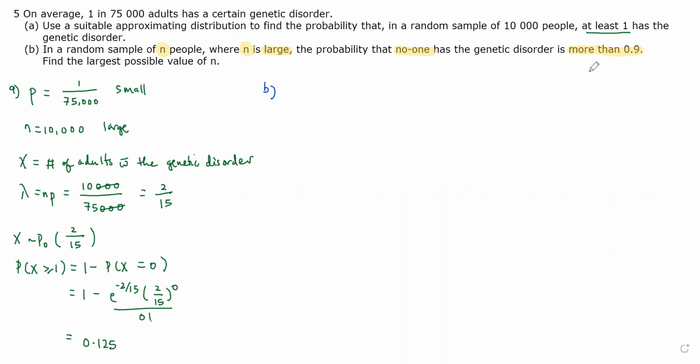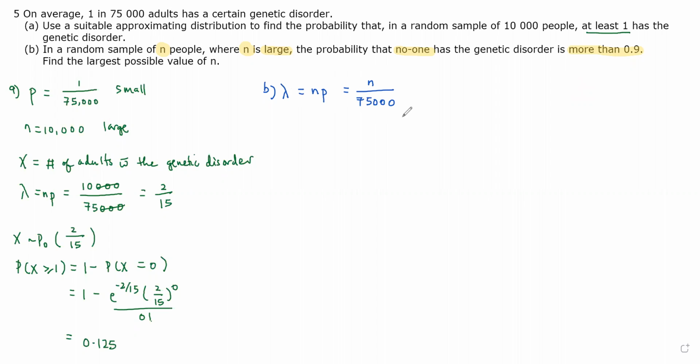Find the largest possible value of n. So to find the largest possible value of n, since n is large and p is small, in this case, lambda is still given by np. That is n over 75,000.